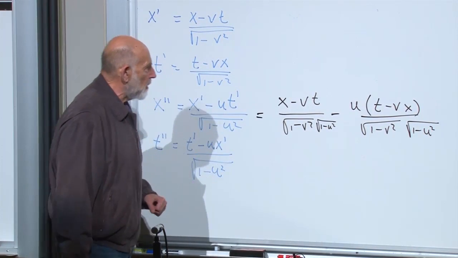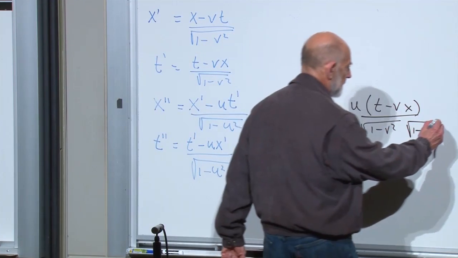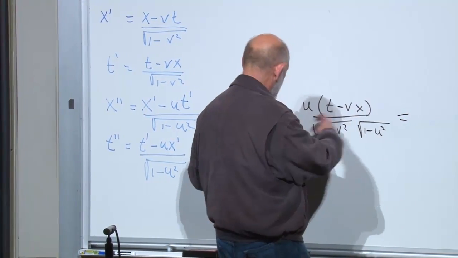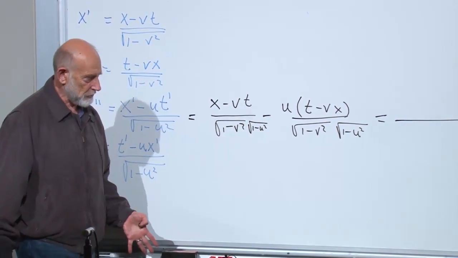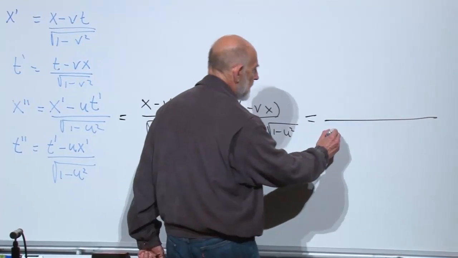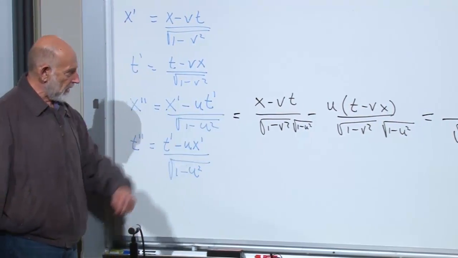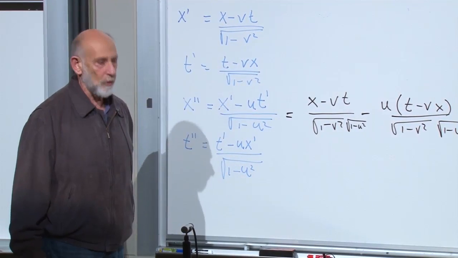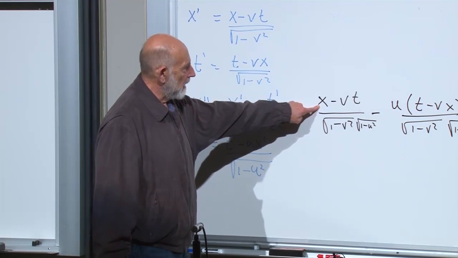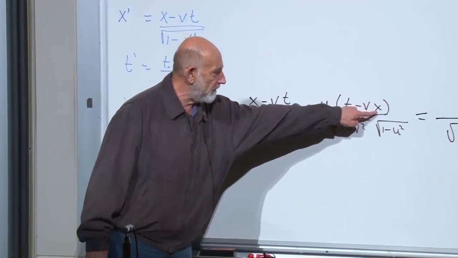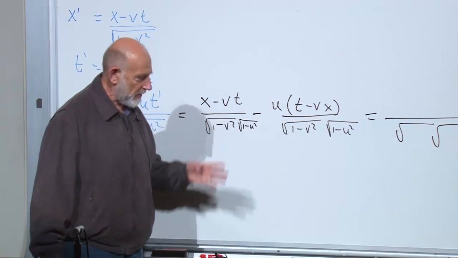We can write this a little more simply. Let's focus on what, there's some big denominator. The denominator involves the product of the two square roots. All right, let's put it in. Square root, square root. I'm not going to write out what's inside the square root. It's just the product of these two square roots. But I'm interested in the numerator, really. The numerator has an x, and it has a plus uvx. Why is it plus uvx?